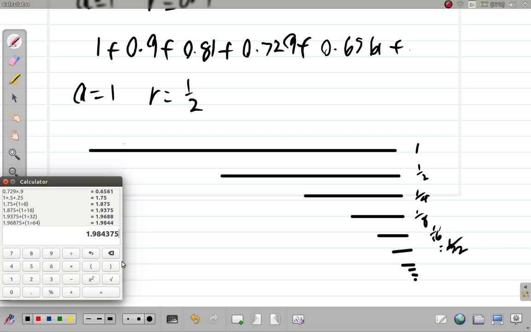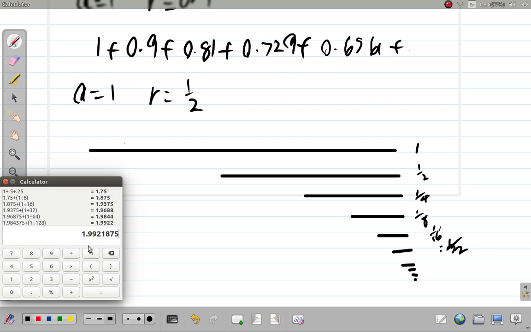Half of 1/64 is 1/128. So you plus 1/128. And you keep going and going and going.